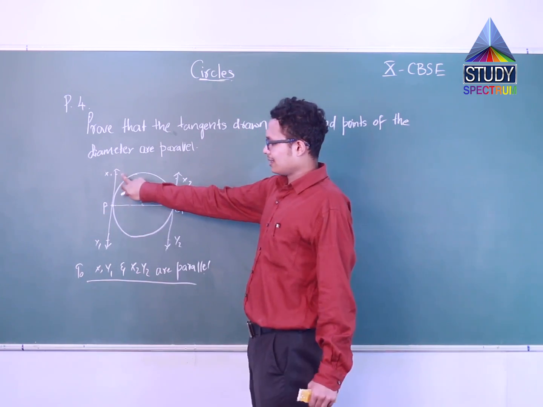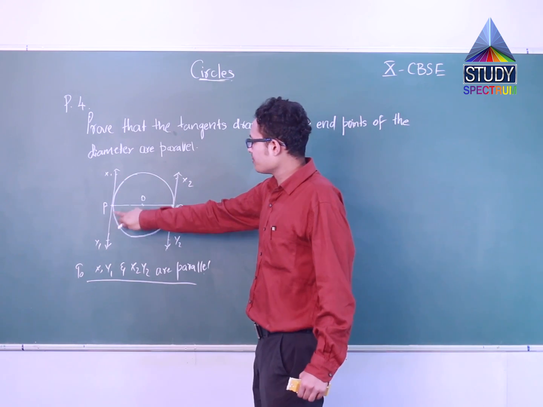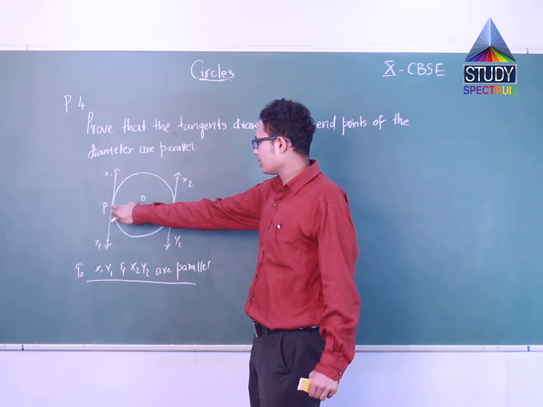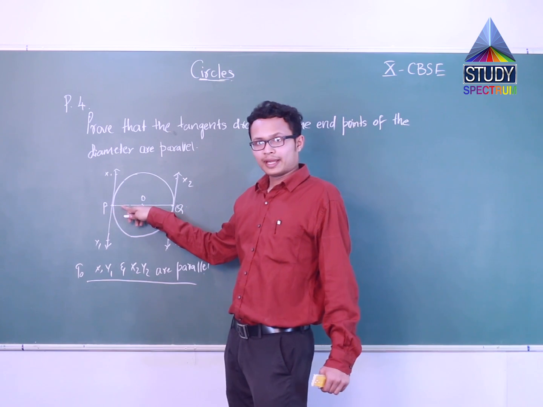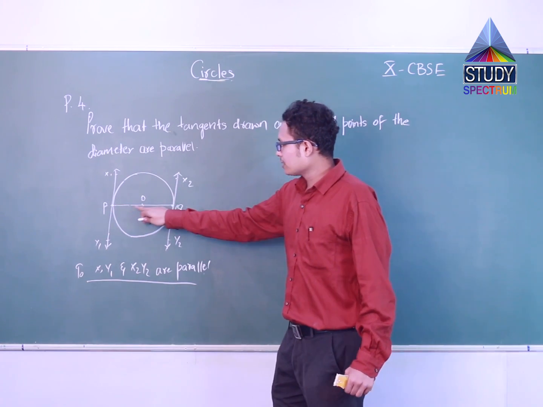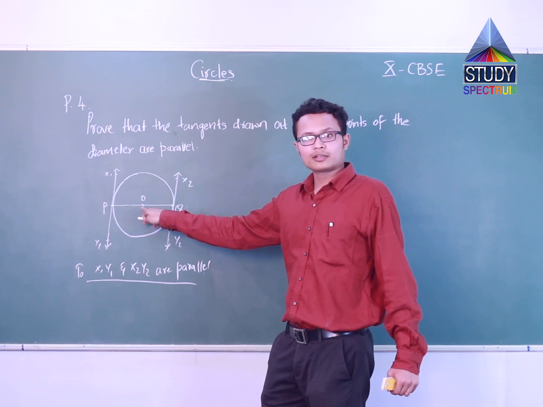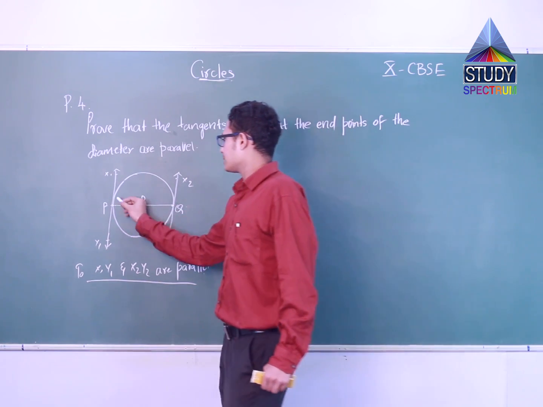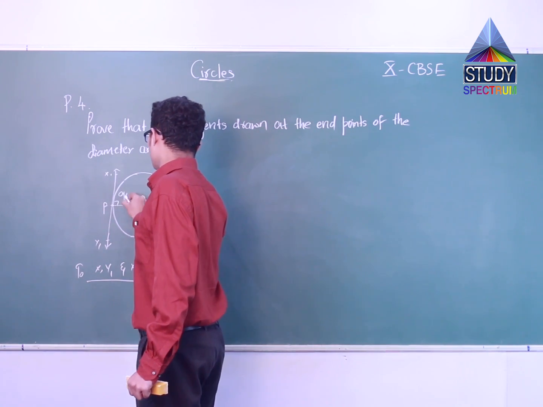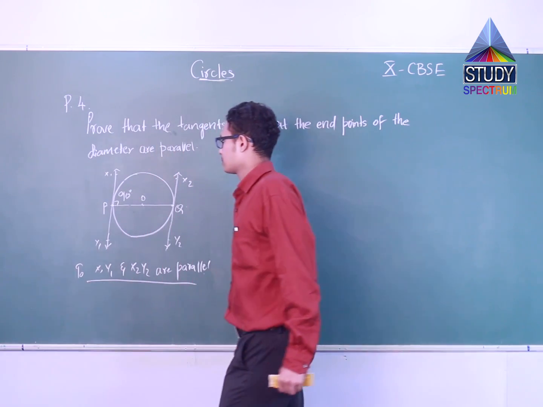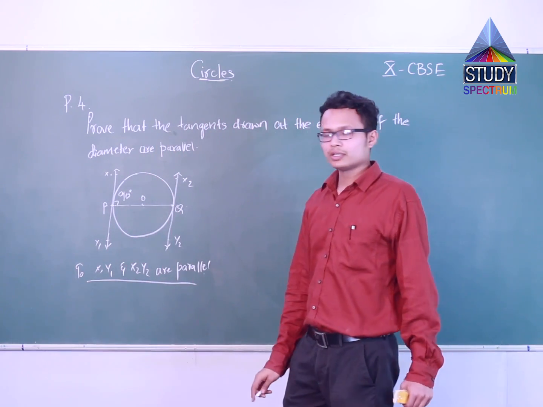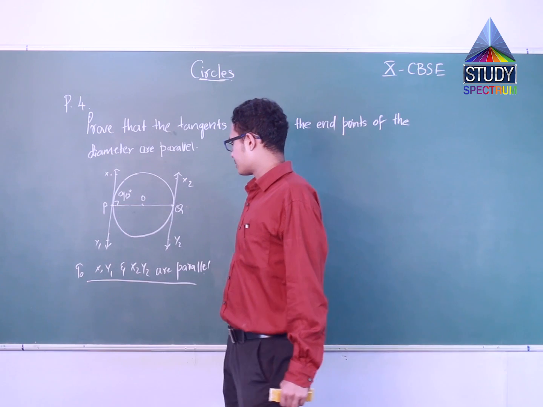Now since x1 y1 forms a tangent at the point P, where P is the point of contact, and this is a line dropped from center O, this angle is 90 degrees from theorem 10.1.